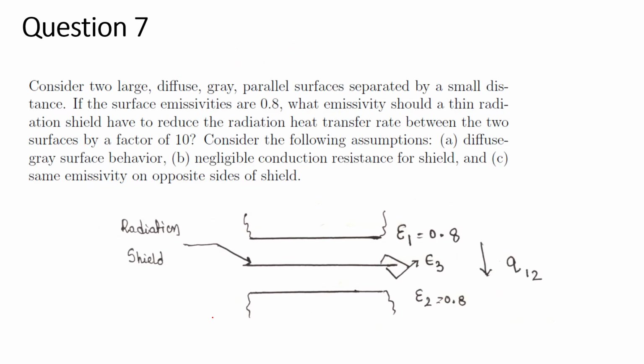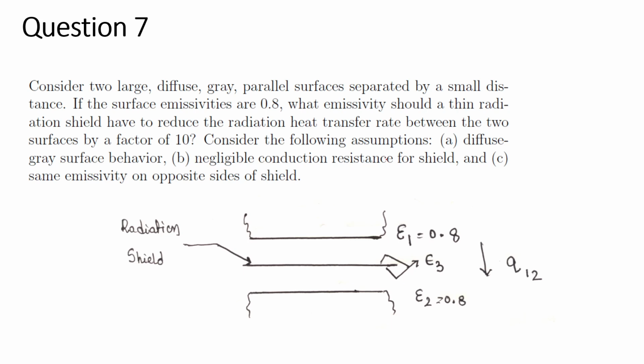So now let's move on to question number 7. In this question, we have been given two large diffuse gray parallel surfaces separated by a small distance. If the surface emissivities are 0.8, what emissivity should a thin radiation shield have to reduce the radiation heat transfer between the two surfaces by a factor of 10?